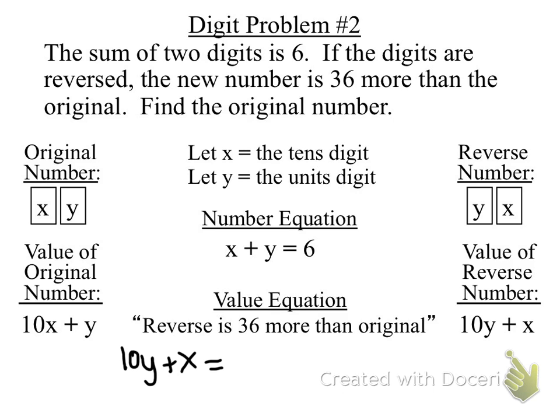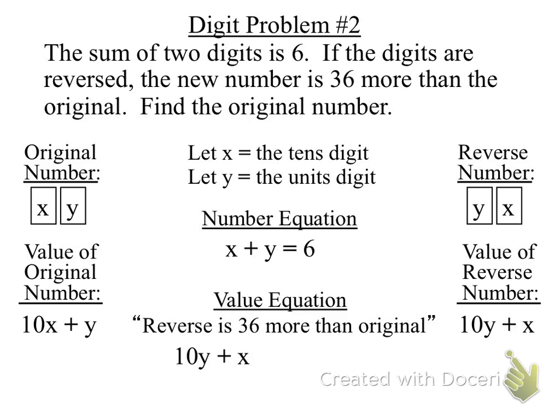Somebody else for 36 more than original. 10x plus y plus 36. This is the original value. Plus 36, he put the plus because it says more than. It's not going to hurt us if it says more than, but if it says less than, that might be a problem. All right. So now I've got my two equations.